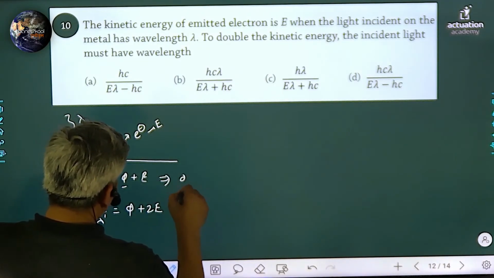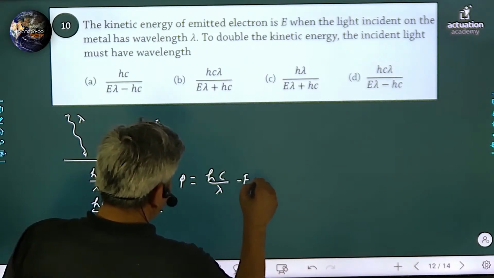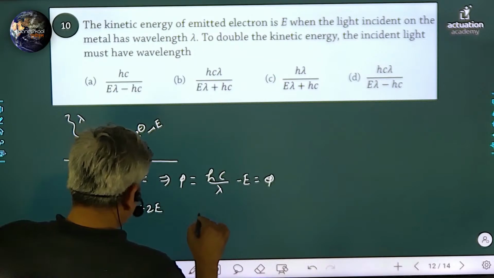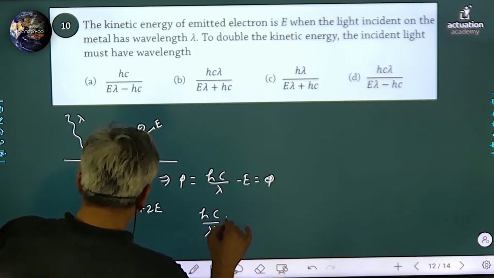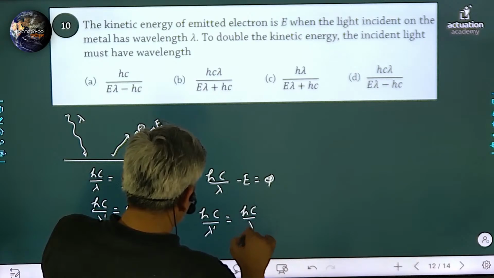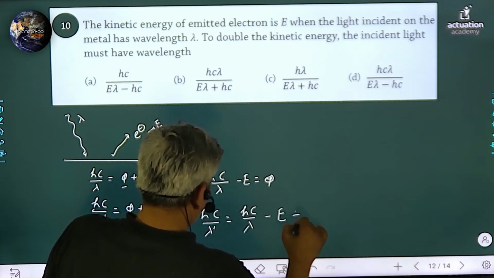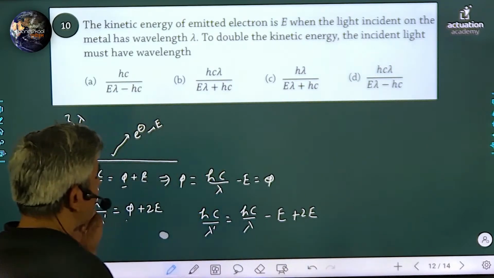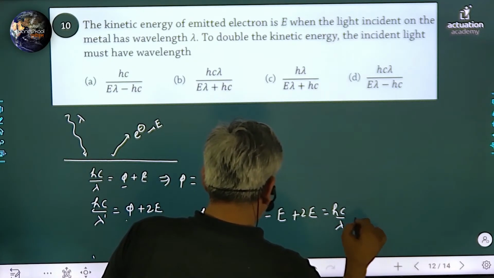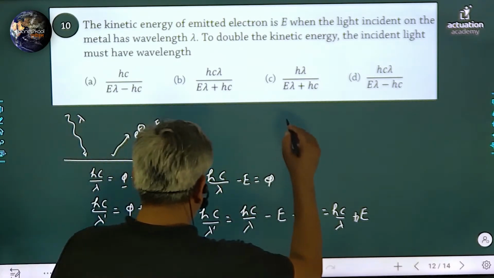Now simply substituting the value of phi will give us hc by lambda minus E is equal to phi. Now put this equation here, so we get hc by lambda dash is equal to hc by lambda minus E plus 2E. So this will give us hc by lambda plus E. We need to find out lambda dash now.